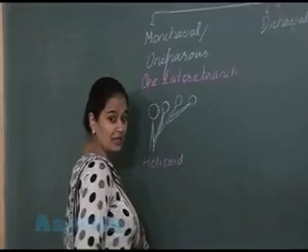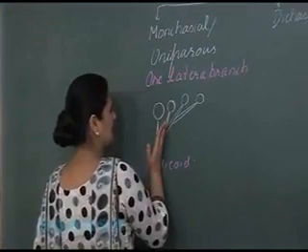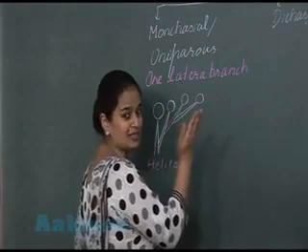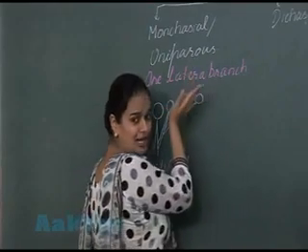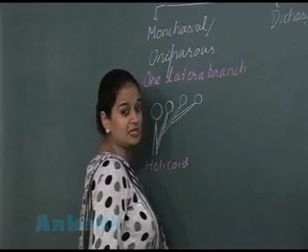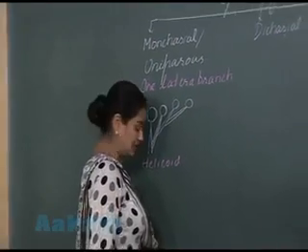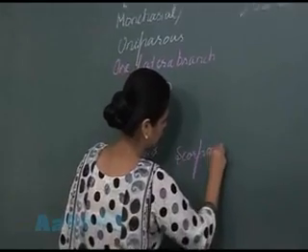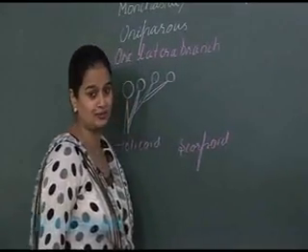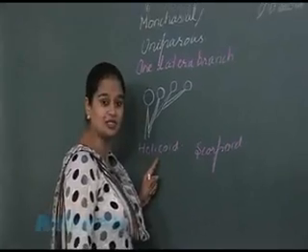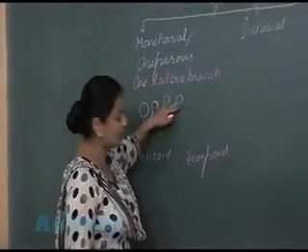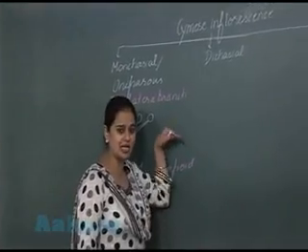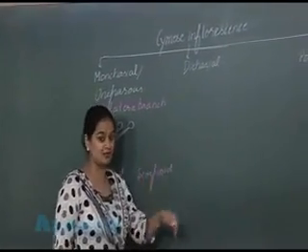But sometimes what happens कि अगर एक branch arise हो रही है left side, तो फिर एक arise होगी right side, then again left side and then right side. If this type of condition is there, then this type of inflorescence is known as scorpioid type. तो helicoid के अंदर क्या condition है? All the branches are arising on the same side. Scorpioid के अंदर one left side, one right side, one left and then right side.